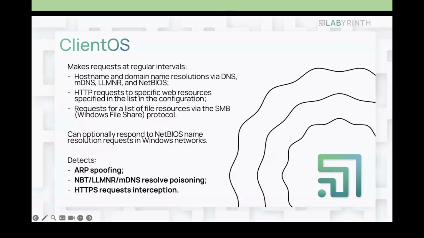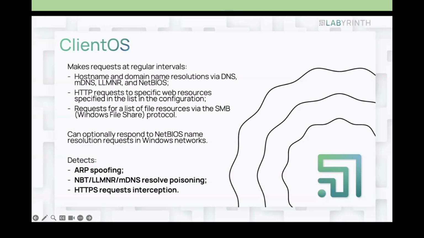Returning to our topic, it detects more than the universal point. It detects ARP spoofing, it detects resolve poisonings, and it detects HTTP request interception. And we'll be delving into how we can configure it and what we can actually do.